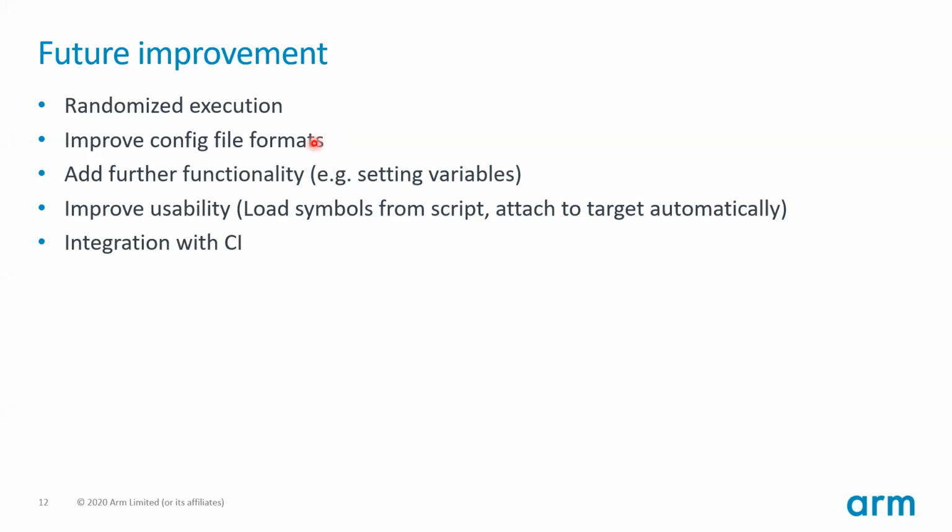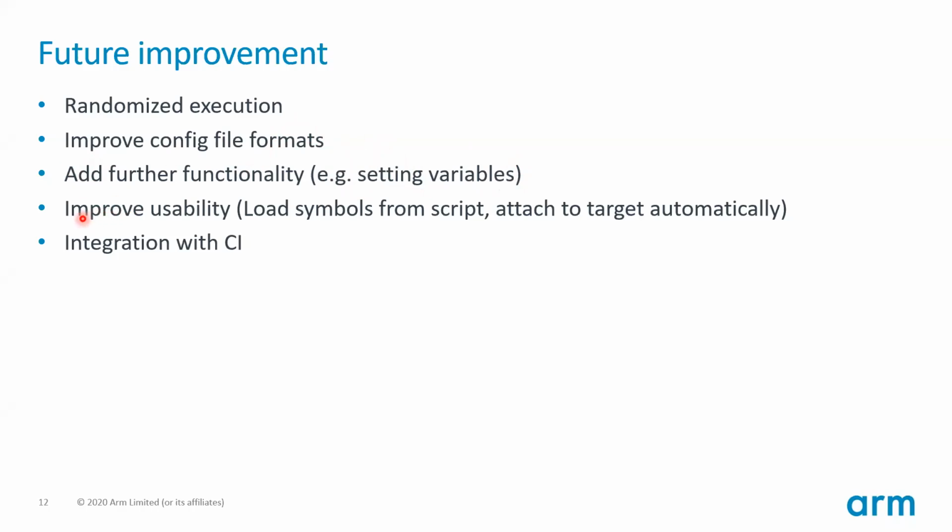And the file format, the JSON, is not very user-friendly to read. We can add further functionality to the tool. It cannot only be used for testing IRQs, but, I don't know, injecting faults, or I think there are plenty of ways of using it.